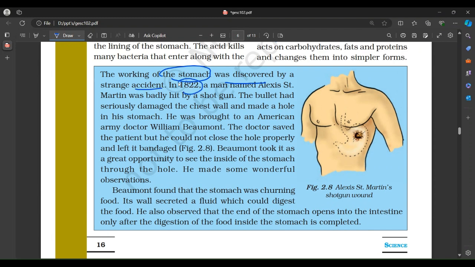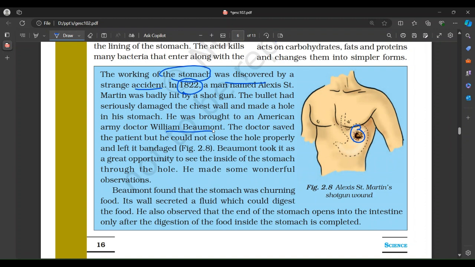In 1822, a man named Alexis St. Martin, you can just say Saint Martin, was badly hit by a gunshot. The bullet had seriously damaged the chest wall and made a hole in his stomach. He was brought to an American army doctor, William Beaumont. The doctor saved the patient, but he could not close the hole properly, and he left it bandaged.